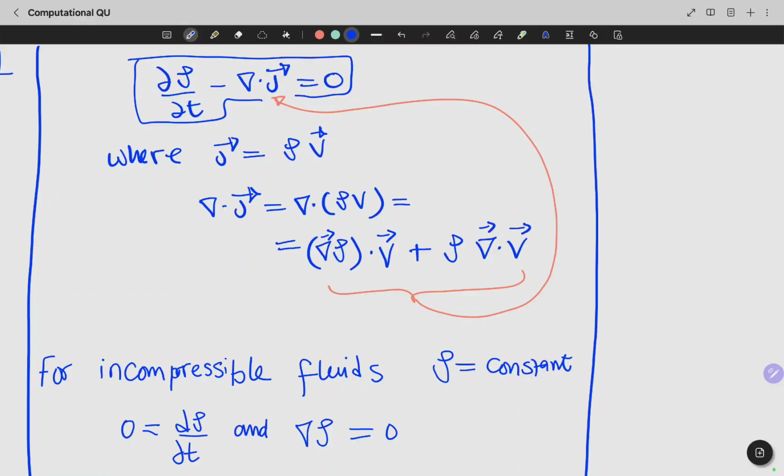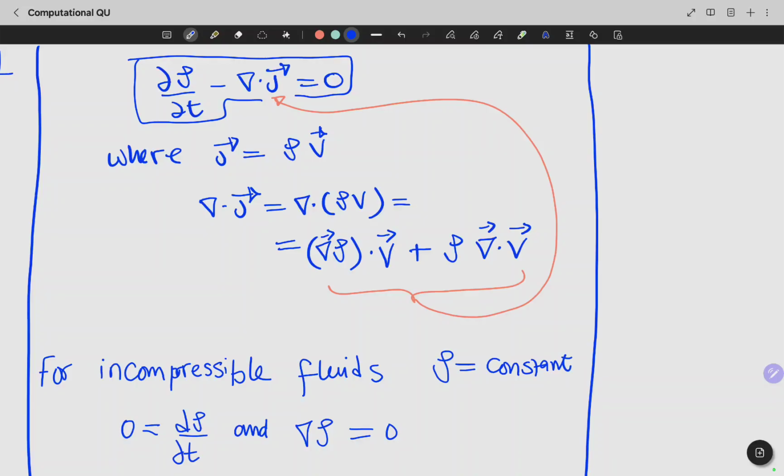So for incompressible fluids, the fluids you cannot compress, like water. Water is incompressible, even though it is to some degree compressible, but anyway it's approximated as an incompressible fluid.